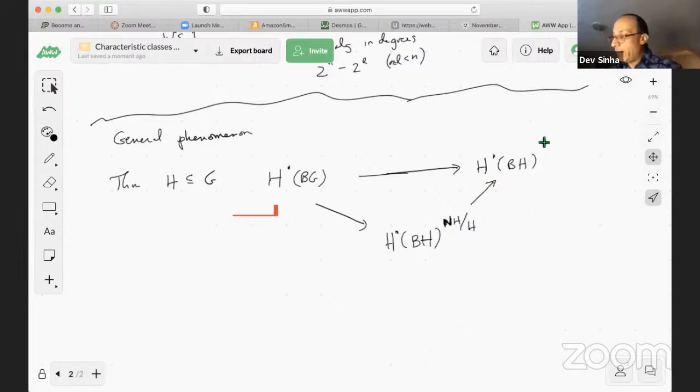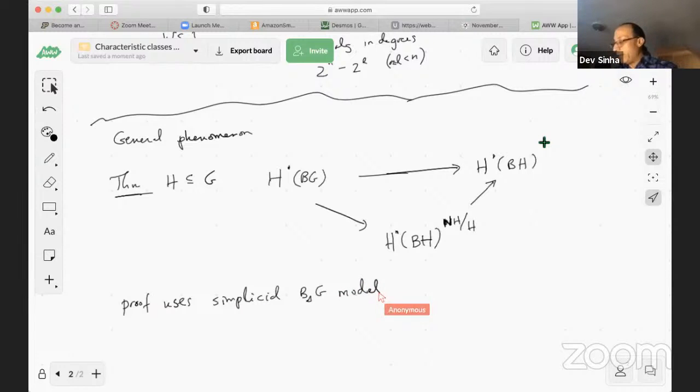I'm not going to take the time here, but the proof uses, as far as I know, the only proof I know uses the simplicial B delta G model for BG in a serious way. And it's a lot of fun. You can see the fifth video in my algebraic topology from a geometric viewpoint series.